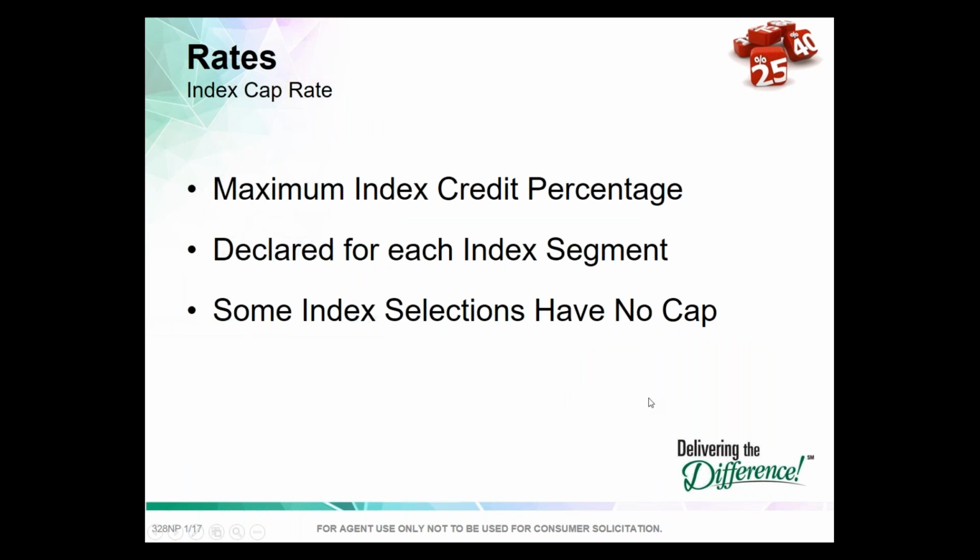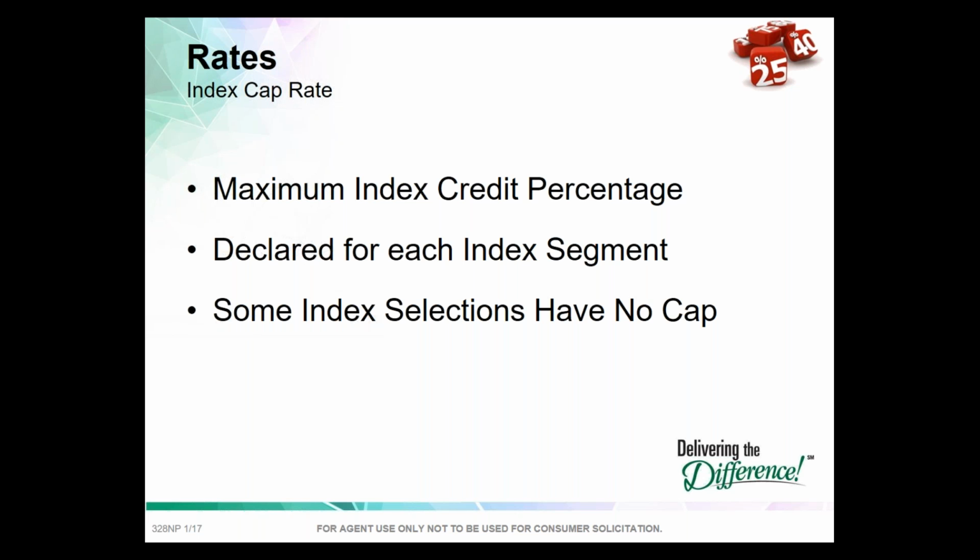Another, different method of control that a company may have is called a cap rate. A cap rate is the maximum amount that the company can credit in a given segment. And again, it's declared in advance for each segment, and once the segment starts, the cap rate can't change. So if the cap rate were 10% and the index segment starts, and then cap rates change up or down, the client is still locked into that cap rate that they had until the segment is over.